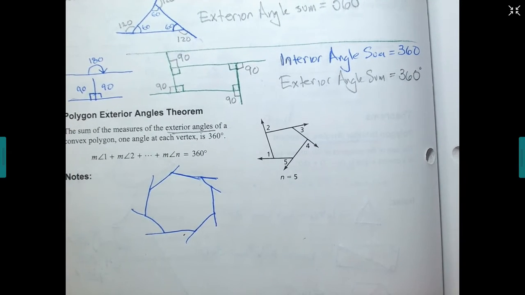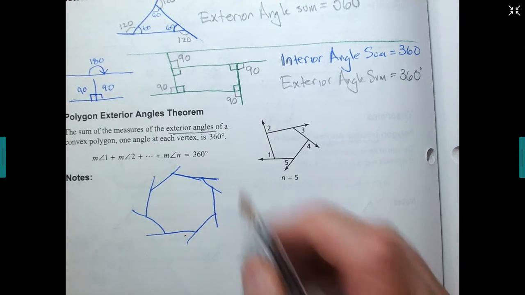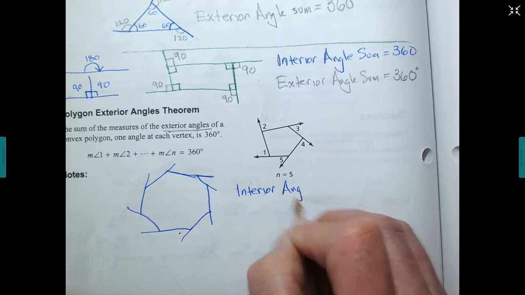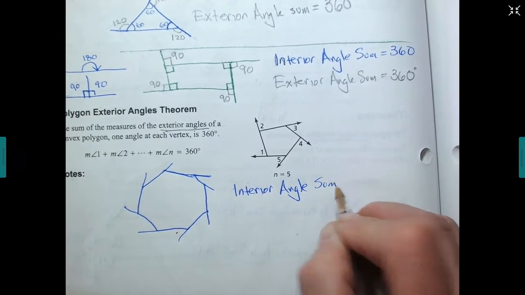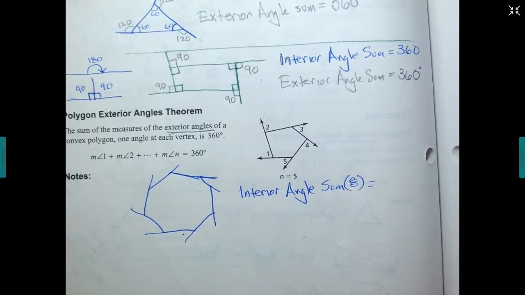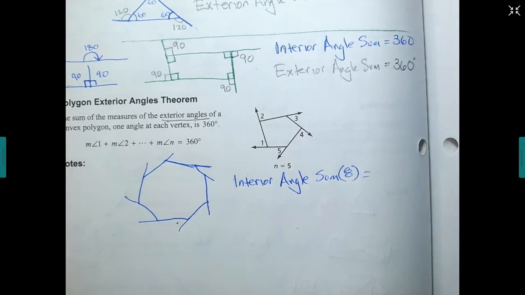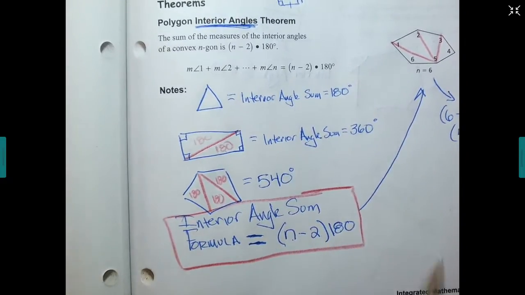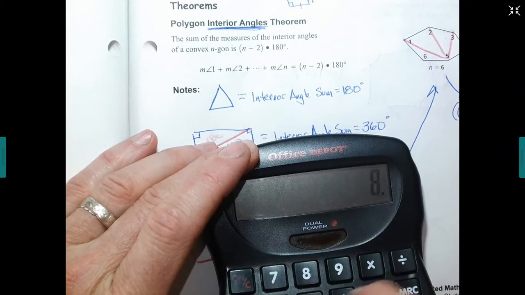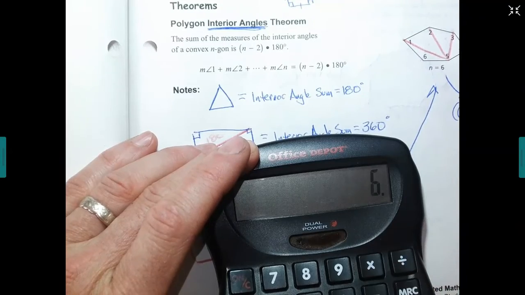If I did this for an 8-sided shape, well, let's find out what our interior angle sum for an octagon is, right? An 8-sided shape. So if I find out the interior angle, I go back here, I go n minus 2. So I have 8 sides. 8 minus 2 is 6, times 180.